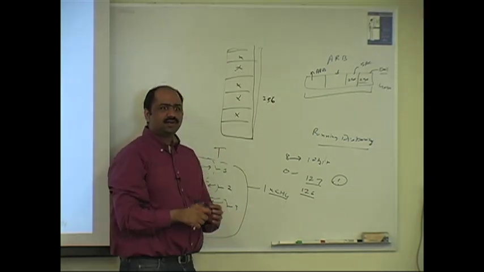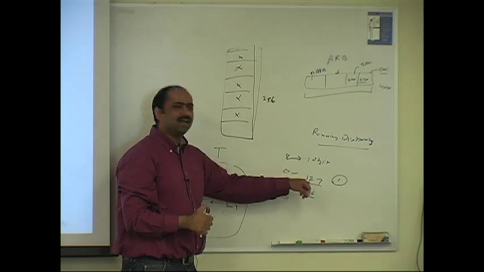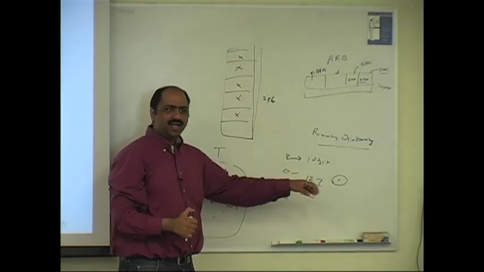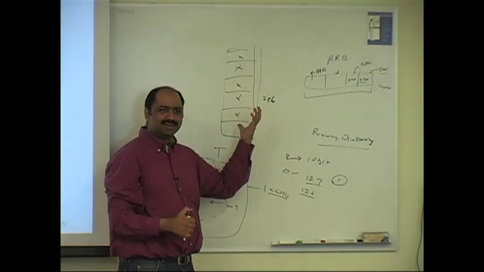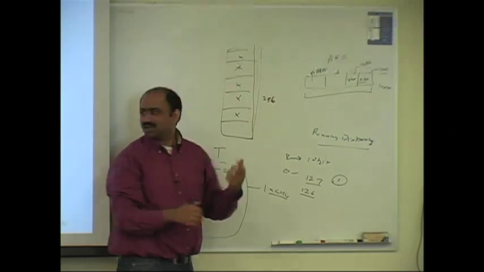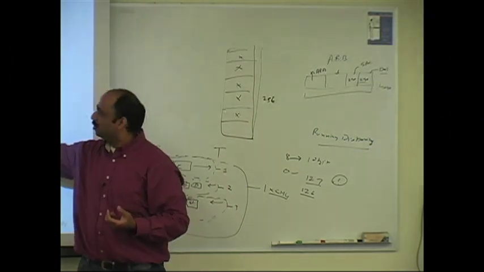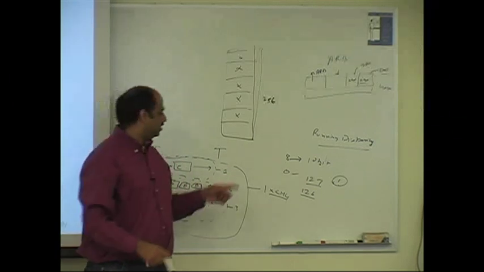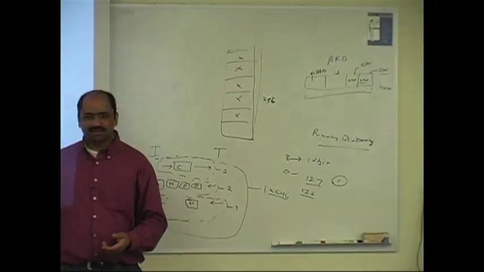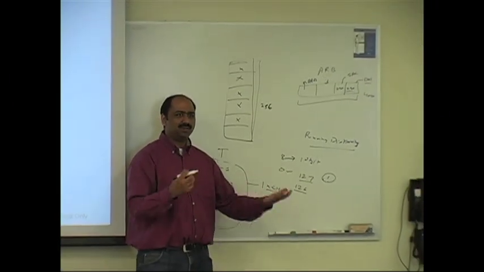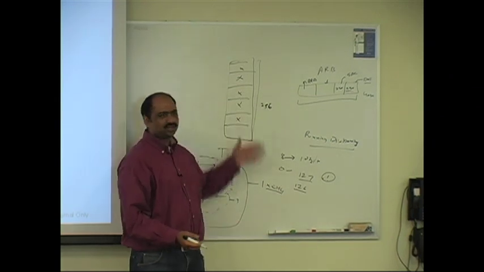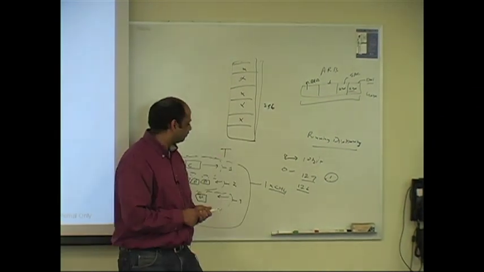So you had to translate a linear address from 0 to 127 into a nonlinear address. These nonlinear addresses are called alphas, arbitrated loop port addresses, and these linear addresses are called loop IDs. So you have to keep translating between loop IDs and alphas, and that's where this translation table comes from.